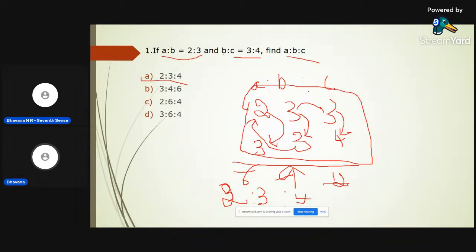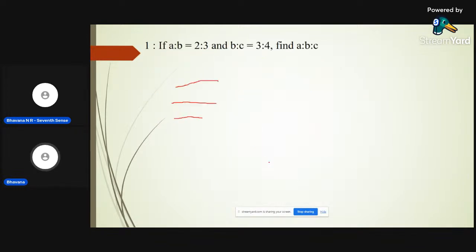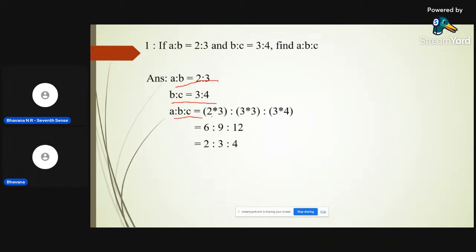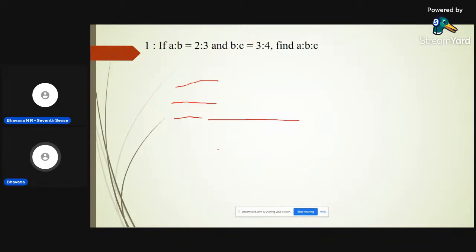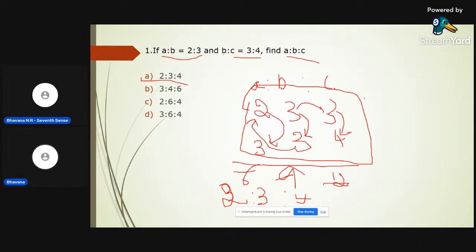If they have given 4 ratios, you need not apply the formula like this. Here also they did the same thing, but we get confused about how to write it. So regarding that, just use this trick. It's like a reverse N format.